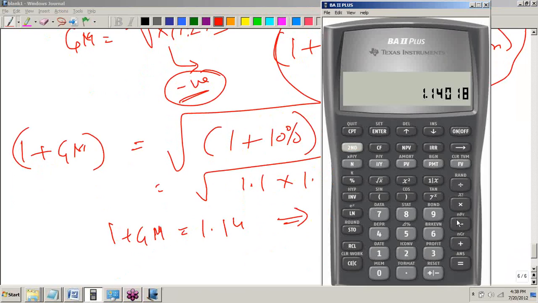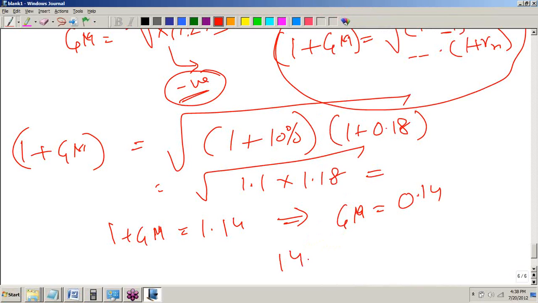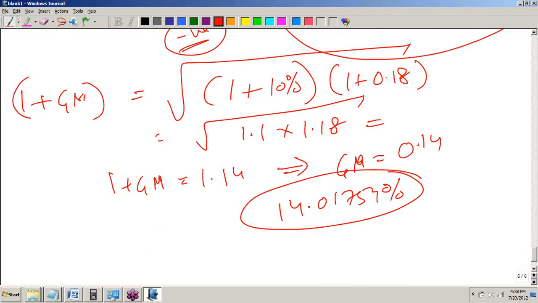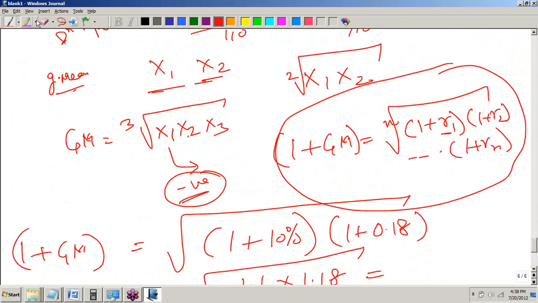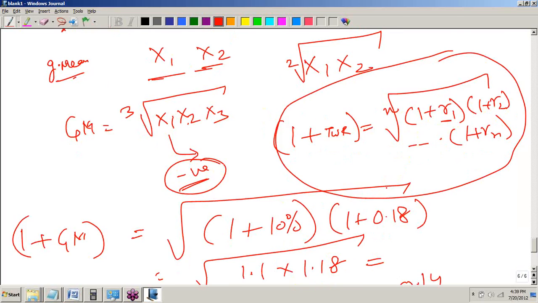If you are interested in percentage calculation, it is 14.01754%. So this is your geometric mean, or this is nothing but your time weighted return. So the formula here I will write as, rather than 1 plus GM, 1 plus time weighted return is equal to all these things.